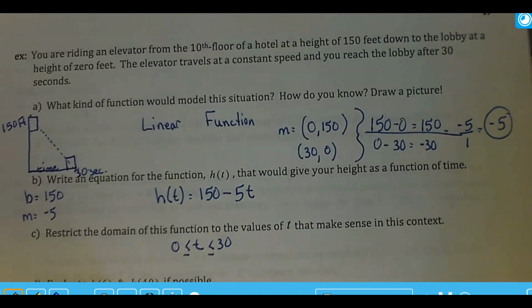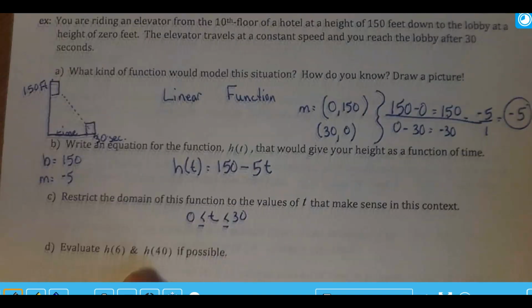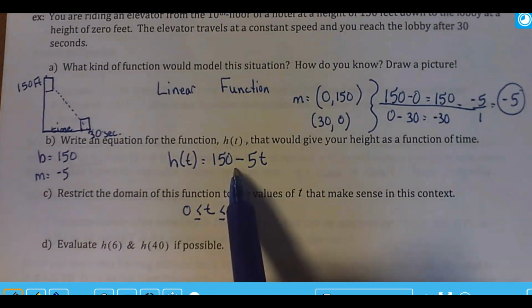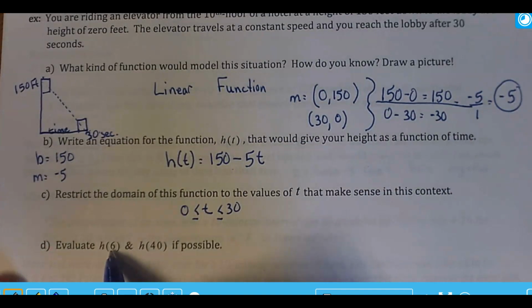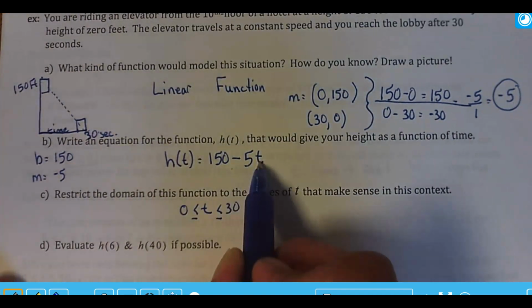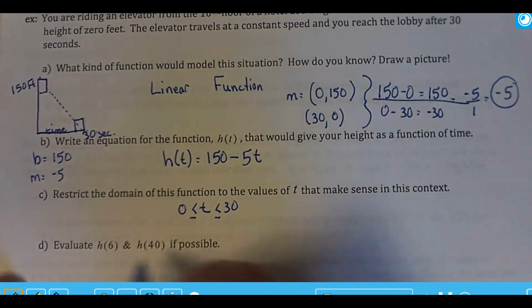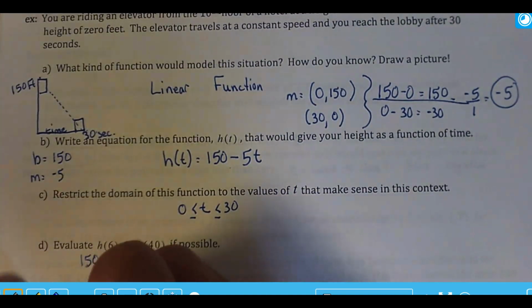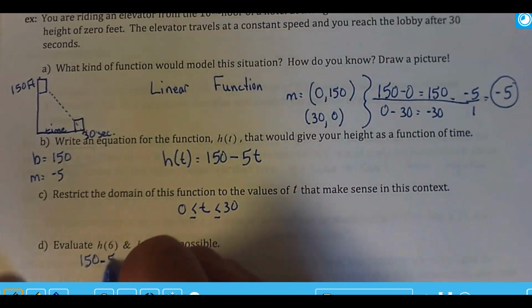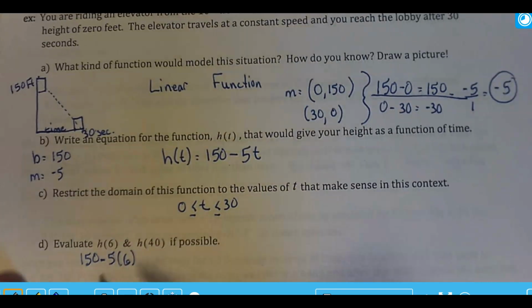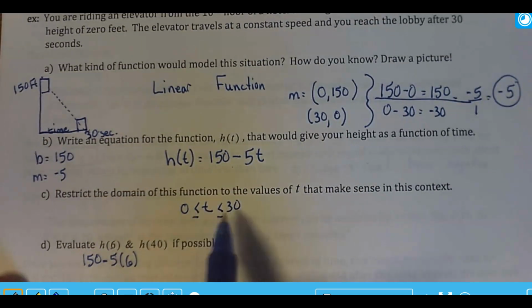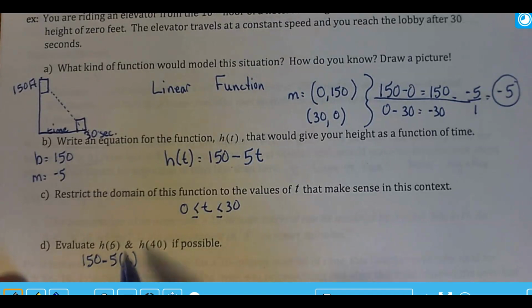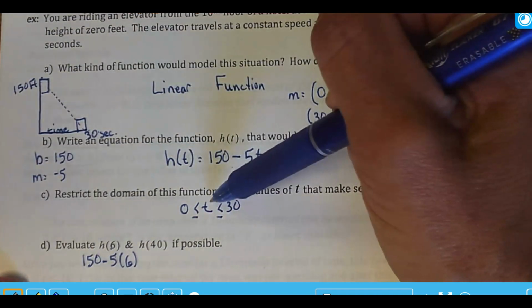And now we're going to evaluate these. Now what we can't use is a graph, so we're going to have to use our function. So this is t, like x. We're going to put 6 in here. And notice it does say if possible, so 150 minus 5 times 6. And the reason why this is possible is because 6 is in this domain. I'm still in the elevator somewhere here in 6 seconds.